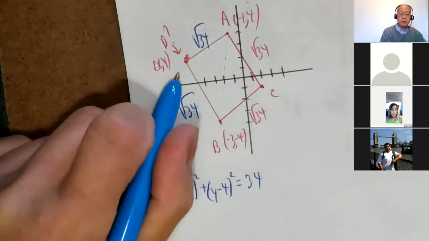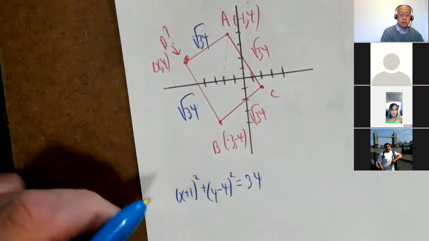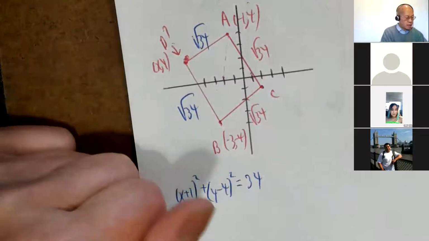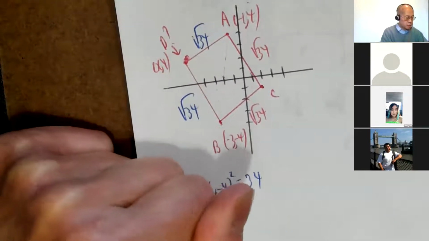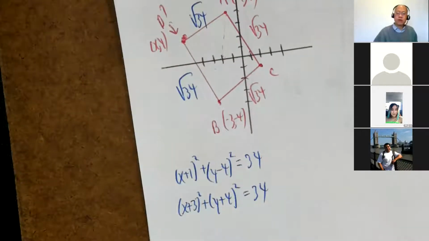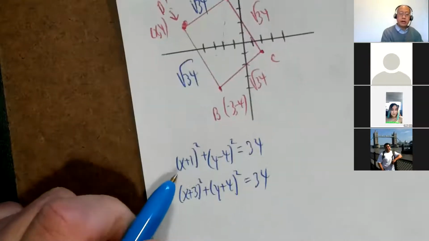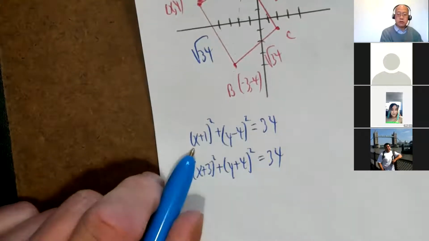And likewise, the distance from here to here should also be the same thing. So that would be x plus 3 squared plus y plus 4 squared is equal to 34. Okay, that might come out to be a little bit messy. Let me go ahead and try that. But anyway, both of these have to be true, right?